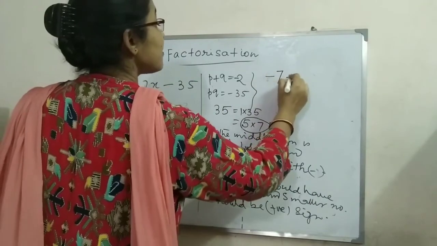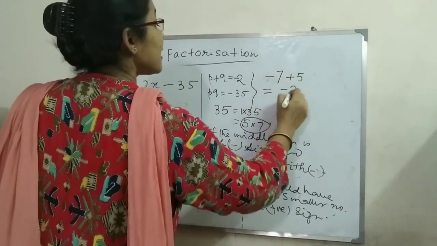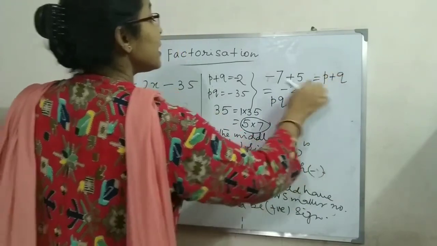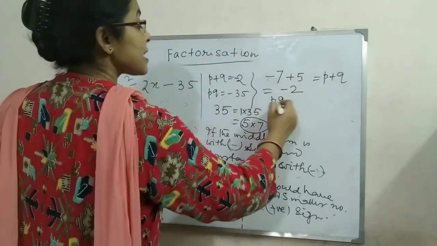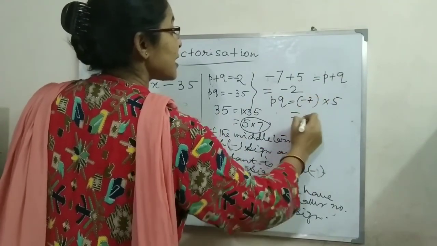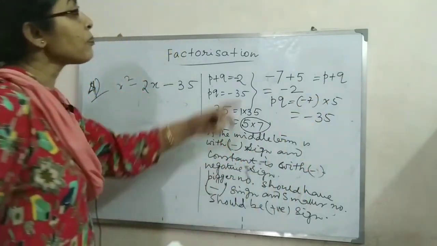That is, minus 7 plus 5 equal to minus 2, which is p plus q. Here p equal to minus 7 and q equal to plus 5, and pq equal to minus 7 into 5, that is equal to minus 35.